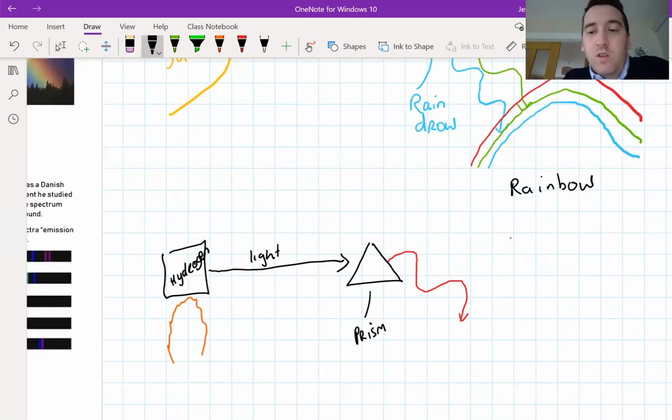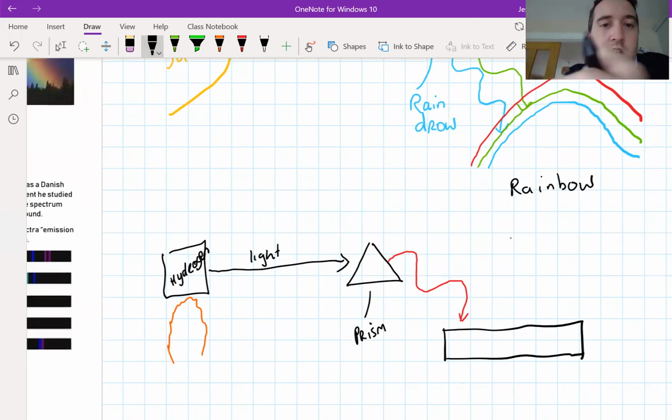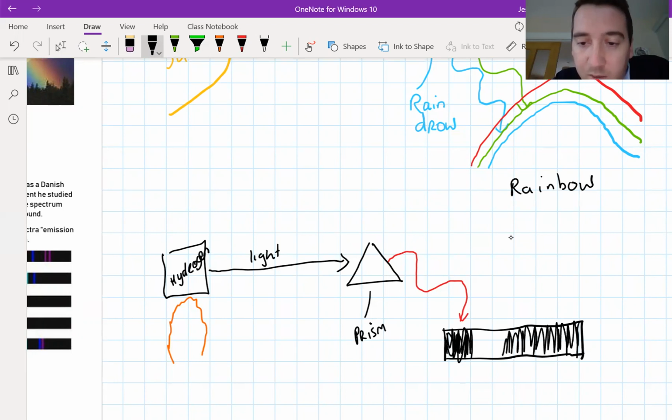And he produced a different type of spectrum. This was a spectrum that was pretty much all black. It was a black background, and it only had specific bands of color. So instead of being continuous with all the colors, it had a little band of red here, and the rest was all dark.